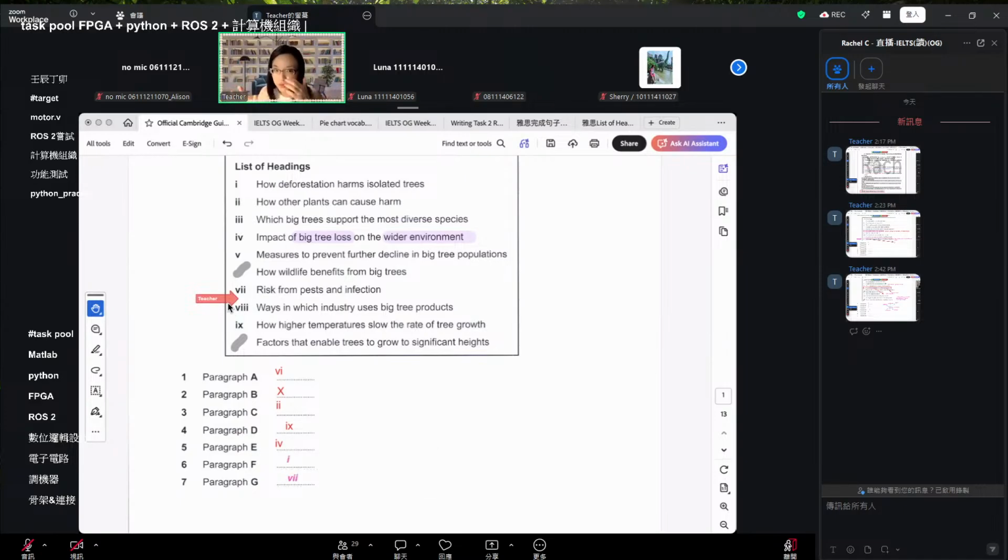Okay, so when we try to understand this part, let me just try to be brief for about 30 seconds.